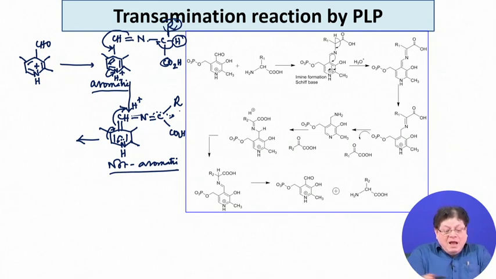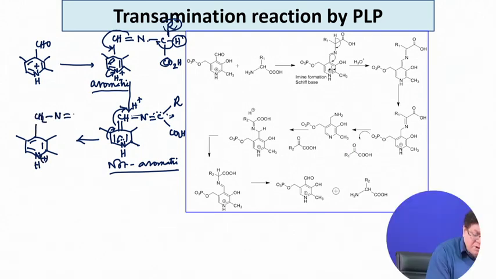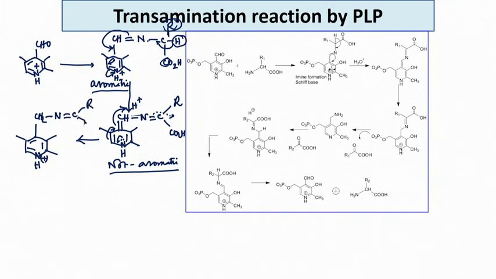And if it goes up to here, then actually that is the mechanism for transamination. I will just continue: NH, and now it has again become the positively charged nitrogen, and this becomes CH2 and then N double bond C, R and CO2H.